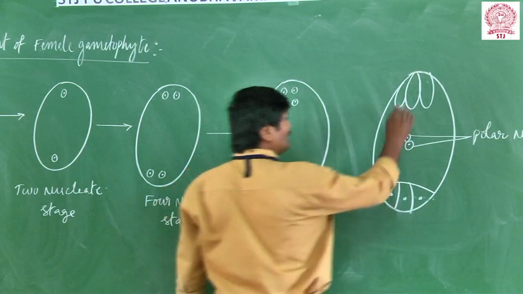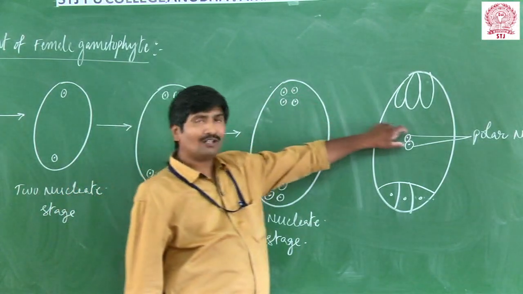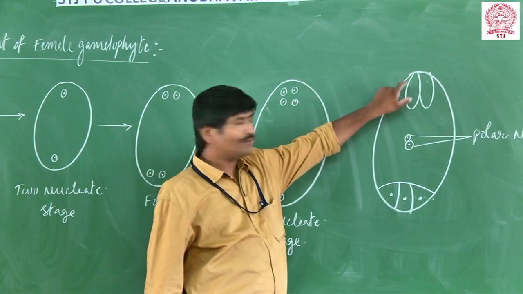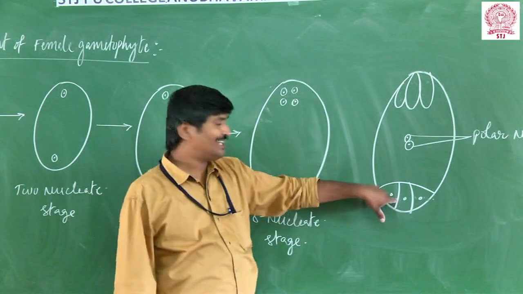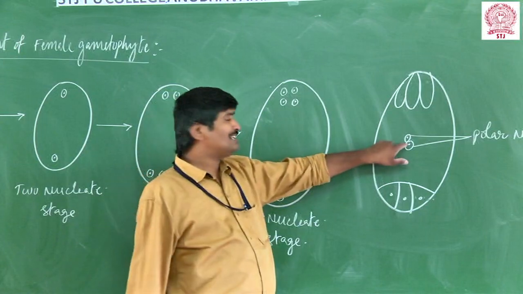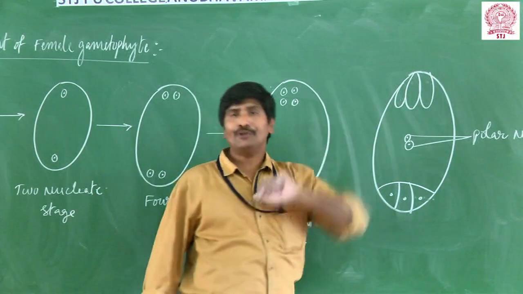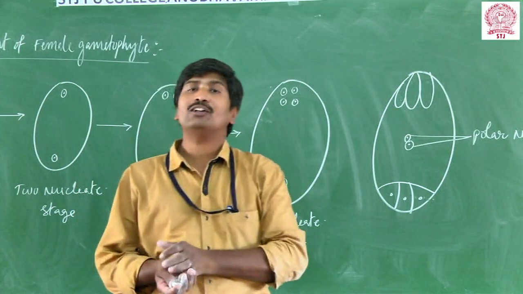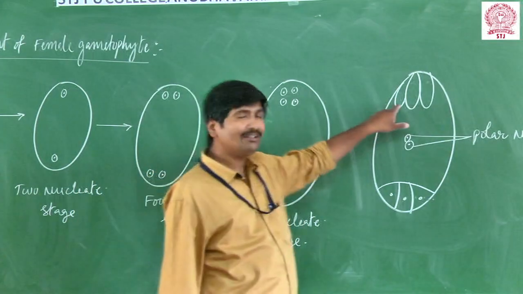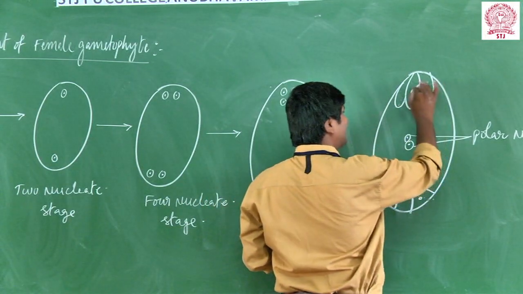See here, out of 4, 1 polar nucleus migrates towards the central region, and the same on the other side. So 1 polar nucleus migrates to the central position, and in the 6 remaining nuclei, cell wall formation takes place around each nucleus.